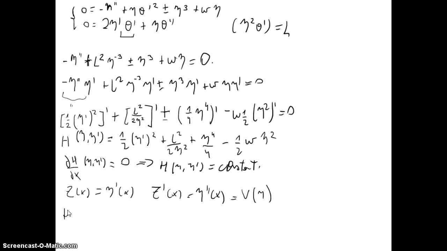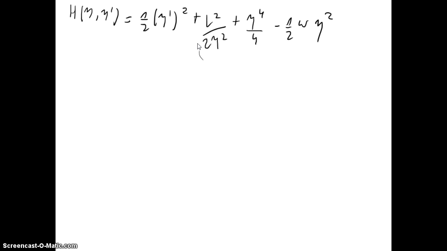What we just saw is that H of η and τ is a constant, so we can call this constant E. This looks just like a Hamiltonian, where this is a potential and this can be seen as a kinetic energy.